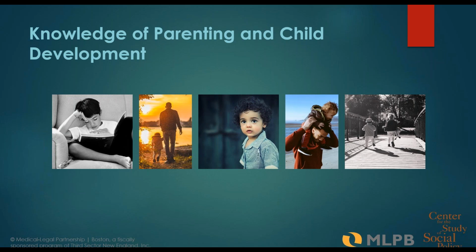They also can understand cultural and structural factors that can influence how they parent and can also influence how they view their child. Additionally, understanding child development can help them know when their child's development may be abnormal and when they should seek help.